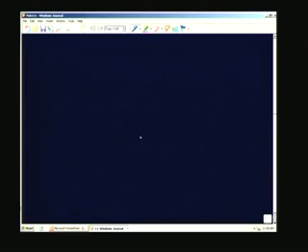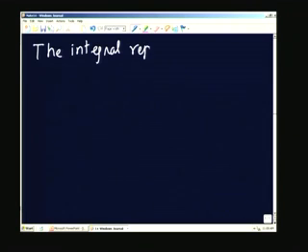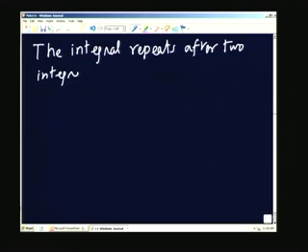Those who are interested can work it out on their own. So, the integral repeats after two integrations. This is the observation we are making. Mathematically we can look at it, but we are not inclined to do that.